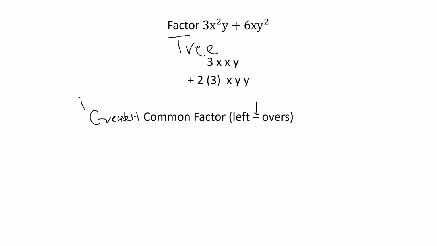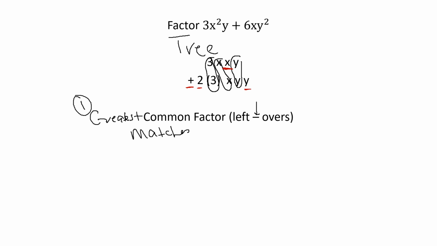So let's see. Step 1, find your greatest common factor, and that is simply what matches. They both have a 3. They both have an x, and they both have a y. So we are going to pull 3xy out front. And then the leftovers, what do we have left? Well, on the first one, we have an x plus 2y.